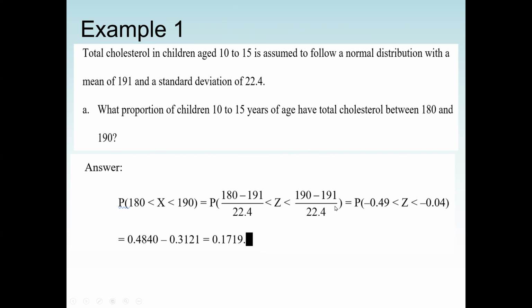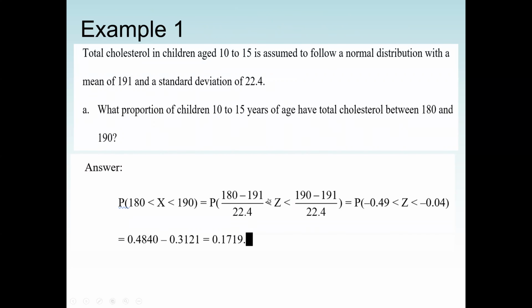So our two Z values will be 180 minus 191 over 22.4 and 190 minus 191 over 22.4. Based on the question, the standard deviation is 22.4 and the mean is 191. So that's why we have 180 minus 191 and 190 minus 191.